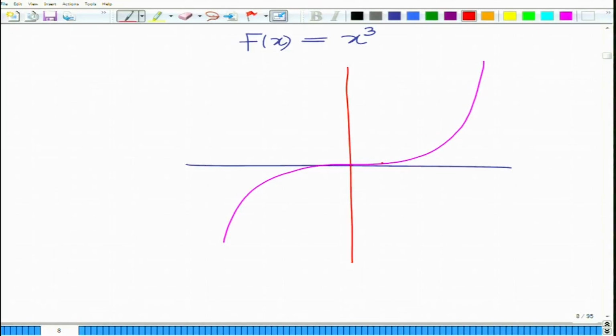You can see here that for x greater than 0, the chord lies above the function, but for x less than 0, the chord lies below the function. So for x less than 0, it is concave, and for x greater than 0, it is convex.